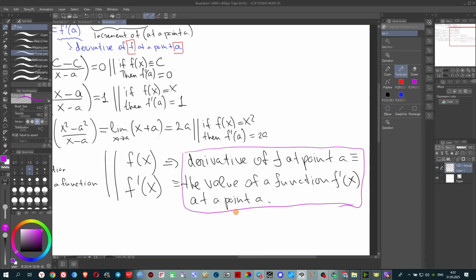Is it clear that we can look at the derivative as a separate function? Yes, like a new function. Yeah, that's amazing.